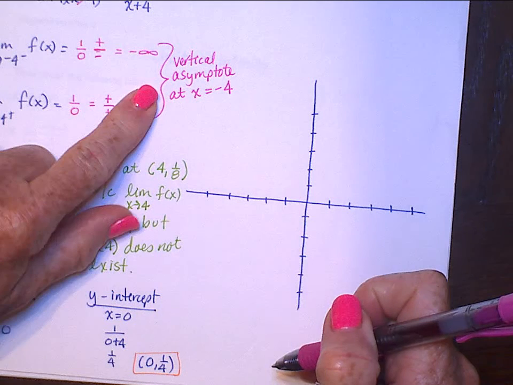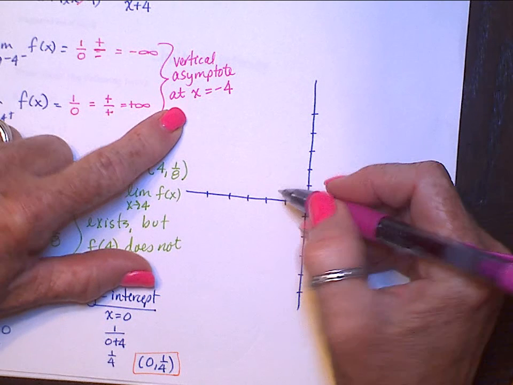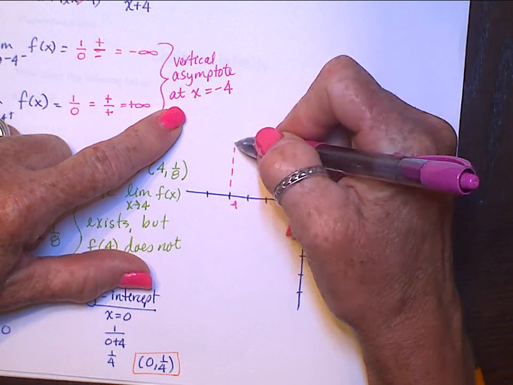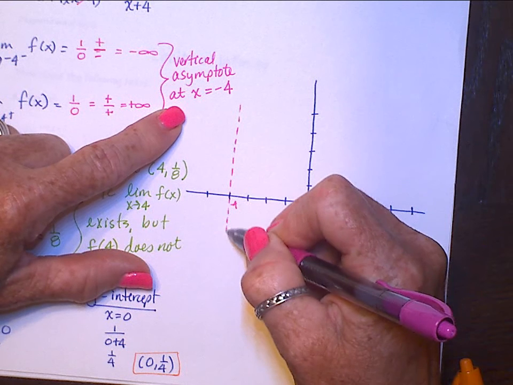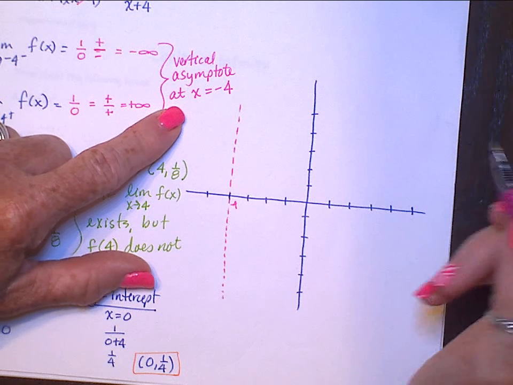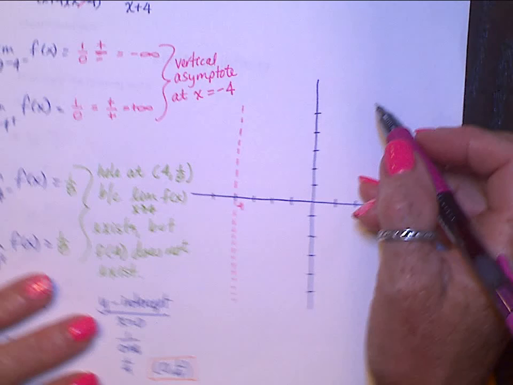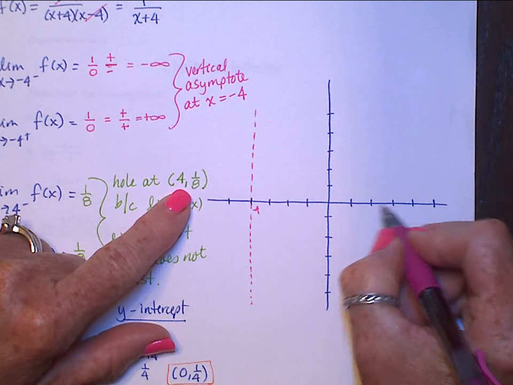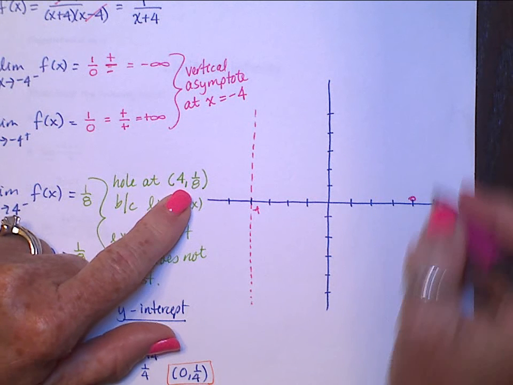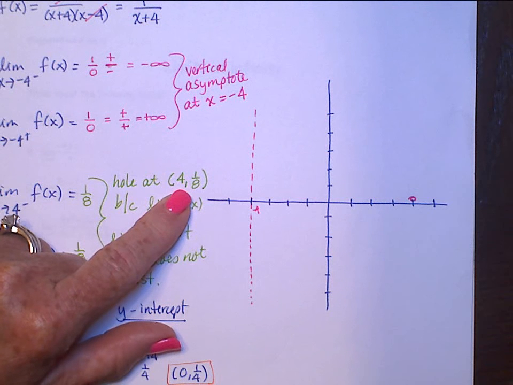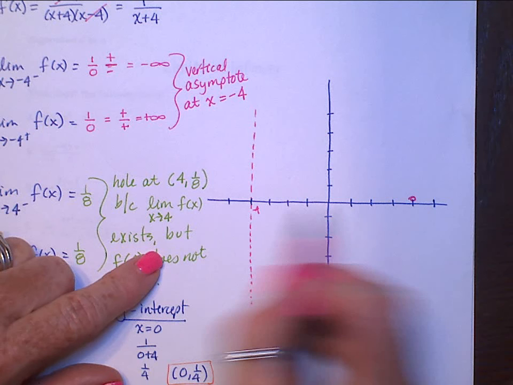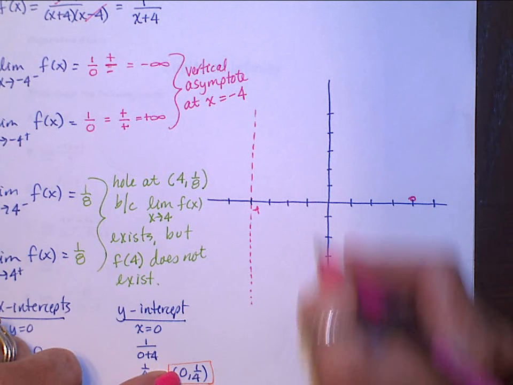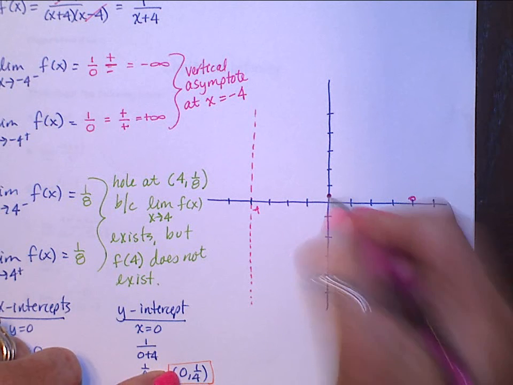We know we have a vertical asymptote at x equals negative 4. Put that vertical asymptote in. There is a hole at 4, 1/8. 4, 1/8, right there. X-intercept, this graph never ever ever crosses the x-axis. It has a y-intercept at 0, 1/4. So right here.